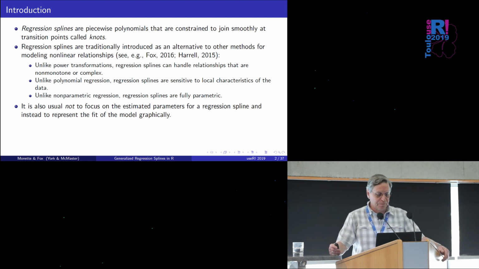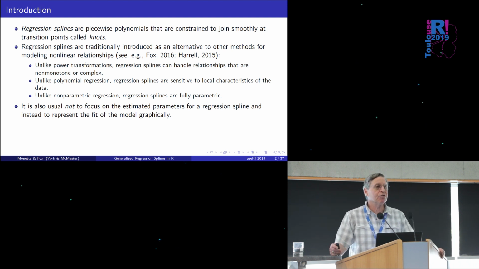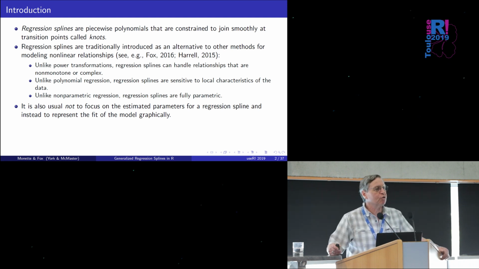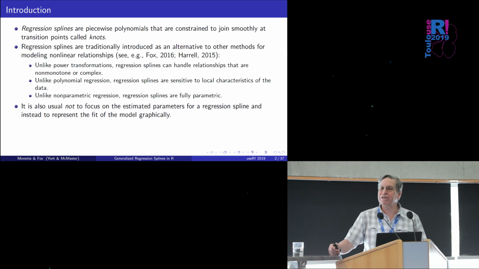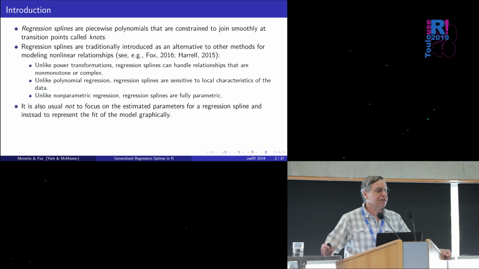And that's entirely reasonable, but on the other hand, it represents a kind of lost opportunity, because the parametric nature of regression splines makes it possible to estimate quantities of interest and, for example, to test hypotheses about them.